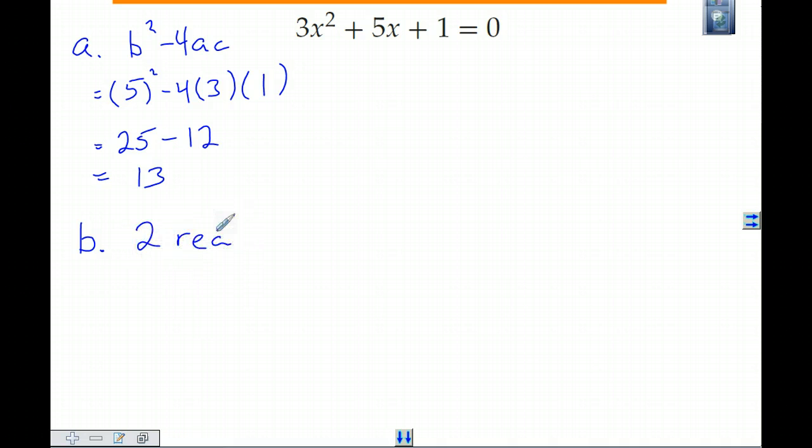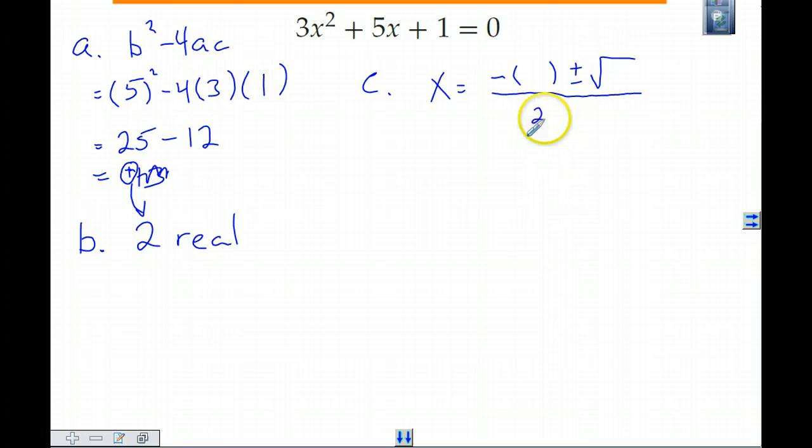How come? Positive. Does that have anything to do with 13? No. Positive, 2 real. X equals negative B plus or minus the square root of the discriminant, all over 2 times A.